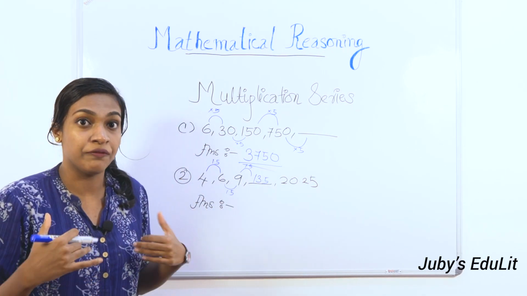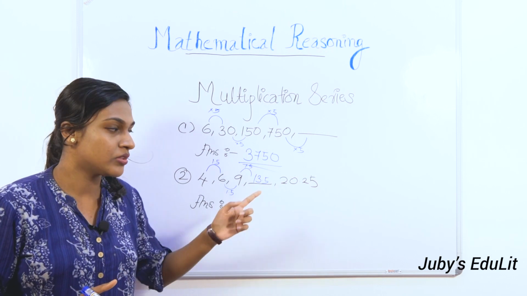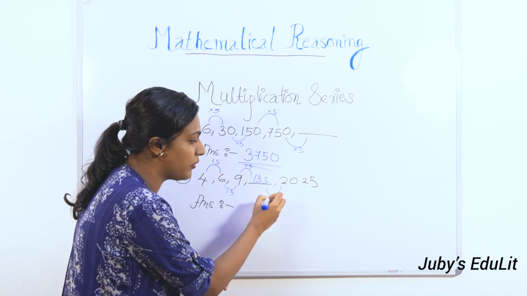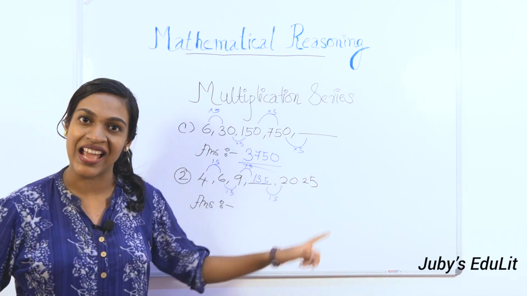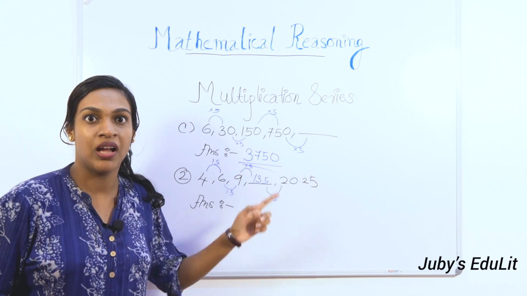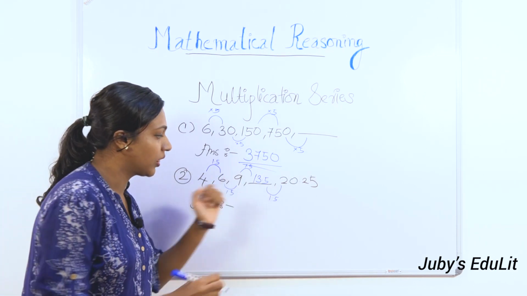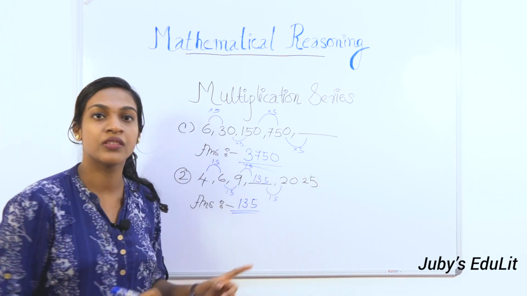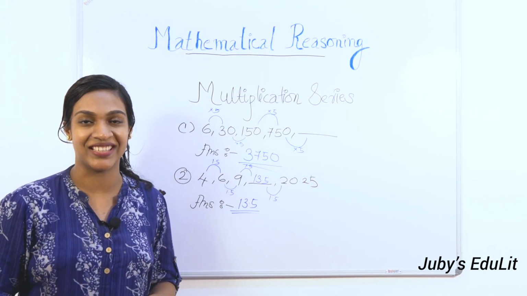Now let's check if our answer is right. 13.5 multiplied by 1.5 gives 20.25. So the answer here is 13.5. So this is the multiplication series.